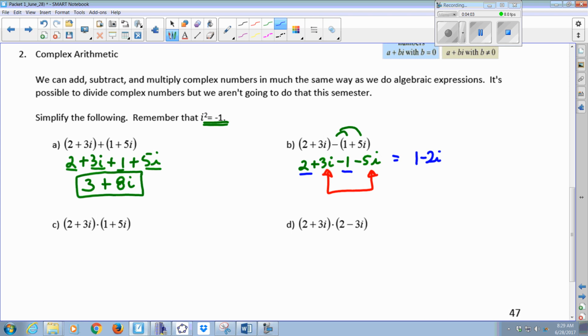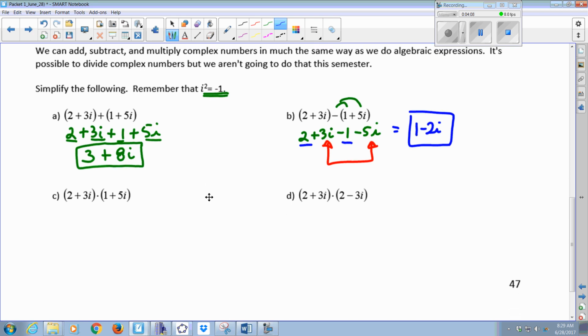So those are the first 2 problems using the addition and subtraction of complex numbers. As you can see, it's not anything new except for you have these terms with an i in it.